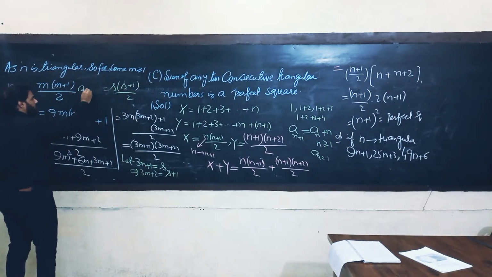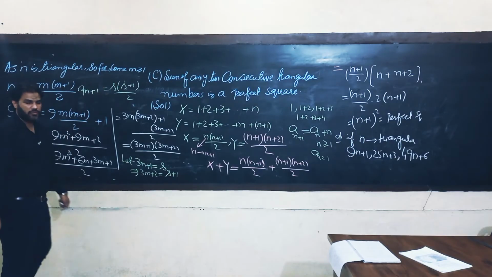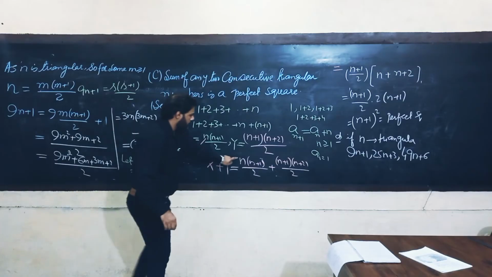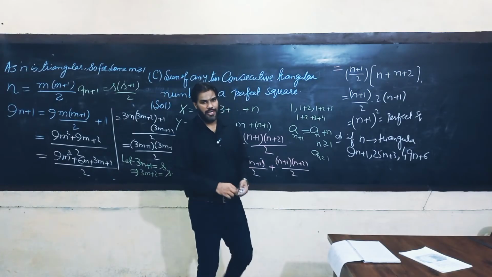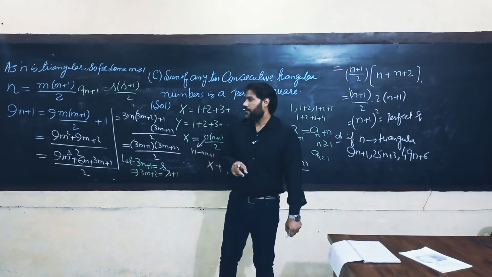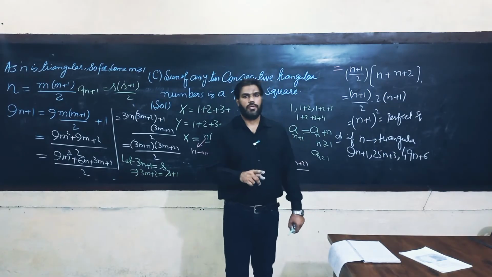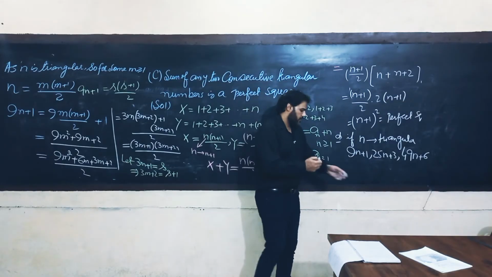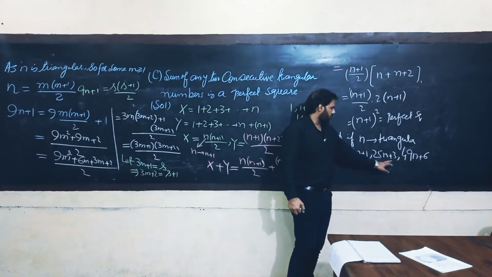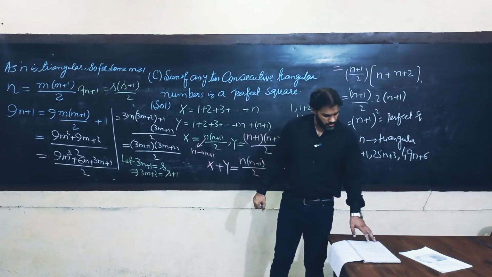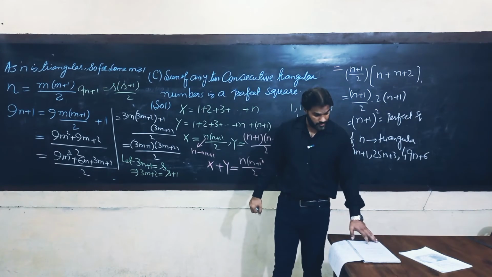So 9n plus 1 is equal to s into s plus 1 by 2, which is the form of n into n plus 1 by 2. This shows that the number 9n plus 1 is a triangular number whenever n is triangular. Similarly, you can easily prove 25n plus 3 and 49n plus 6 are also triangular numbers. So this completes question number 1.